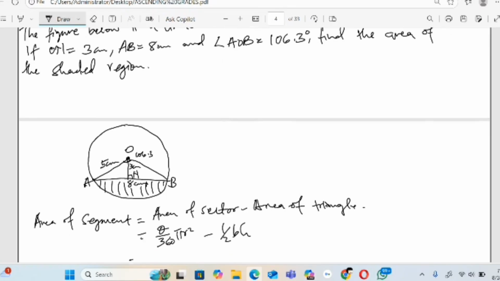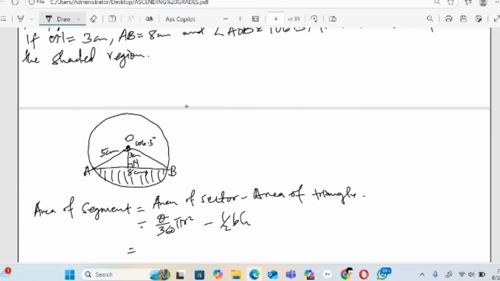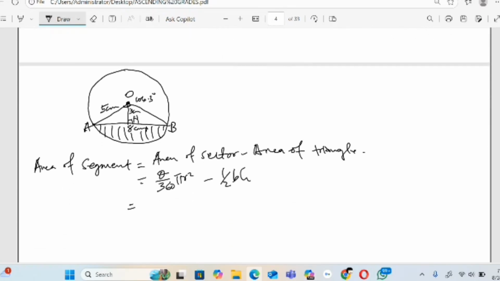So theta is 106.3 divided by 360 degrees times, we can use 22 over 7 or 3.142, times radius, which is 5 squared. Now minus a half, base is 8 and the height is 3.